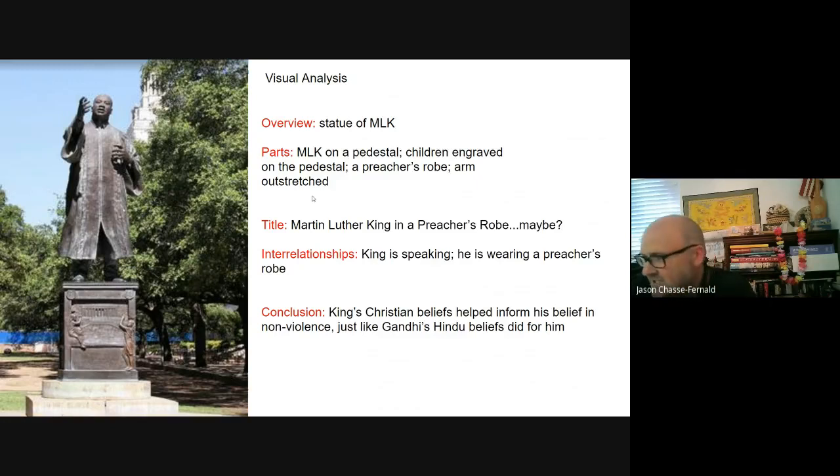On the pedestal, it looks like children. As far as the interrelationship, most students in class make that relationship between him preaching and him wearing the robe. It looks like it belongs together.